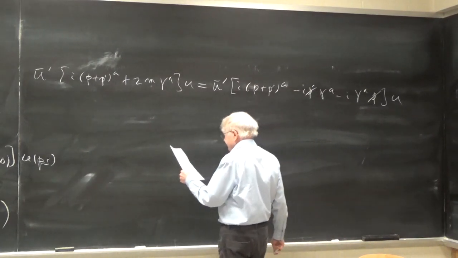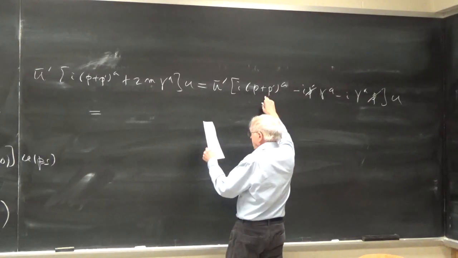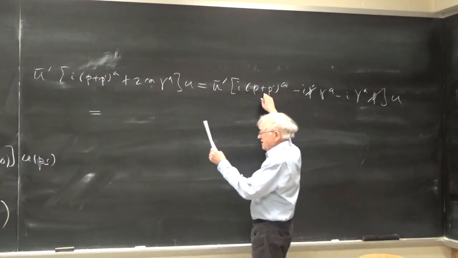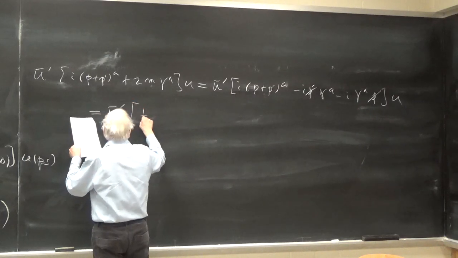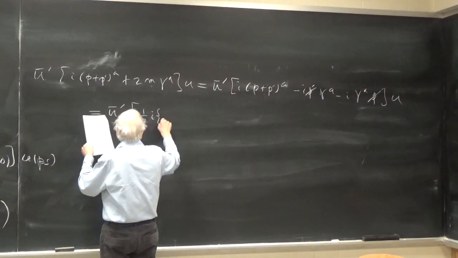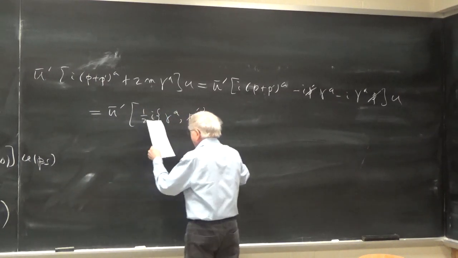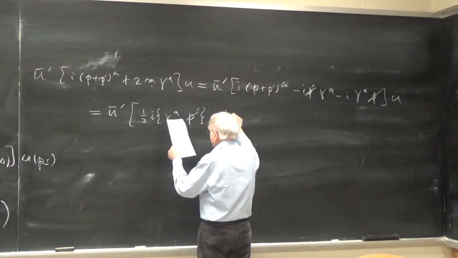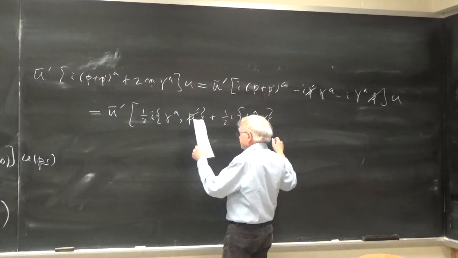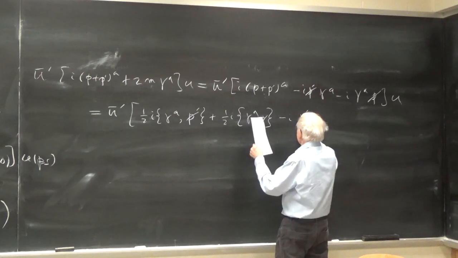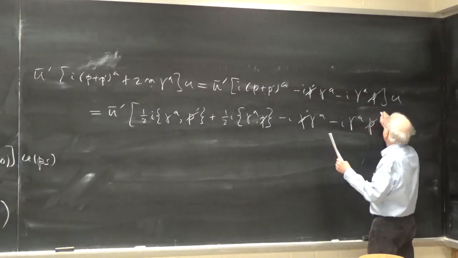Now we can keep these two terms and rewrite this. What we're going to do is write it as ū' 1/2 i an anticommutator of γ^A with P′-slash plus 1/2 i an anticommutator of γ^A with P-slash, and then minus i P′-slash γ^A minus i γ^A P-slash u.